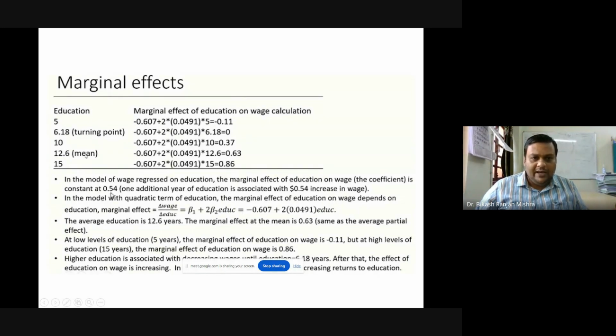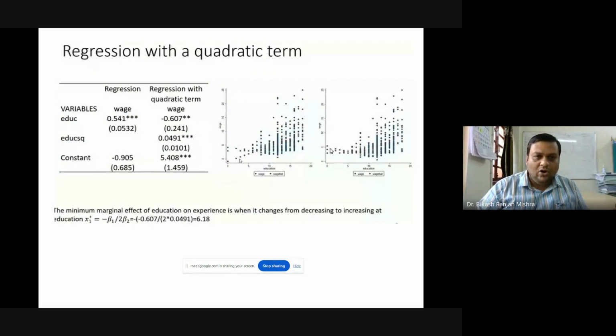If you go for the mean value, and suppose the education series is known to us, and you find the education mean value comes to be 12.6, then if you multiply 12.6, the figure comes around to be 0.63. This 0.63 is actually the ultimate effect of education on the wage variable. Normally the students don't go for this type of interpretation.